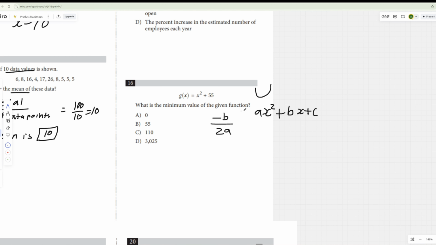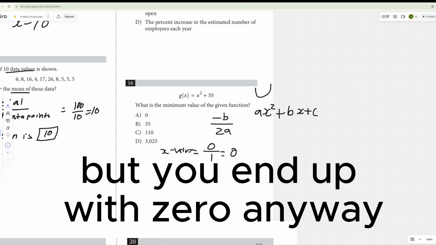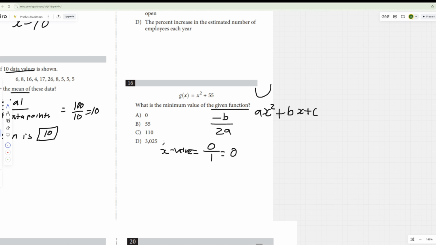There's no x to the 1 value. So B is 0, so 0 over 2a. A is 1. This is 0. So the x value of the vertex is 0. They want the minimum value of the given function. So g of 0 is 0 squared plus 55, and you get 55, which is b.